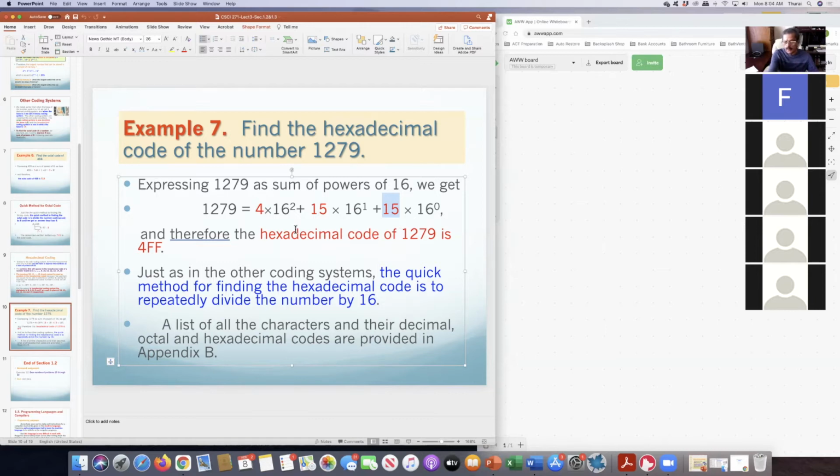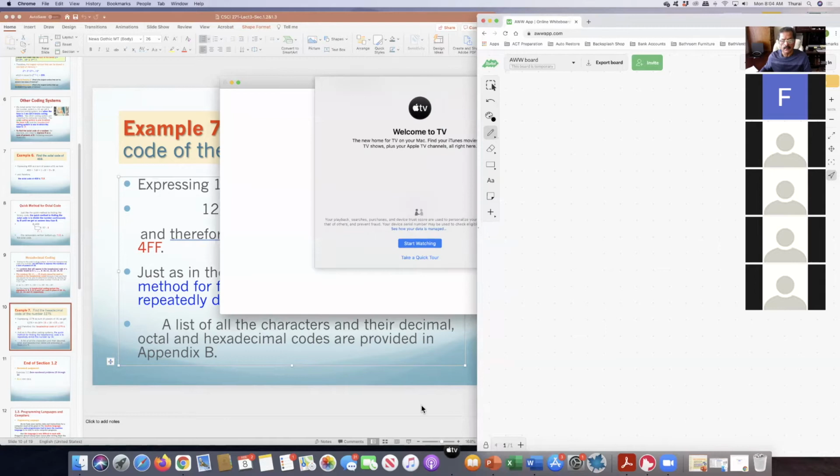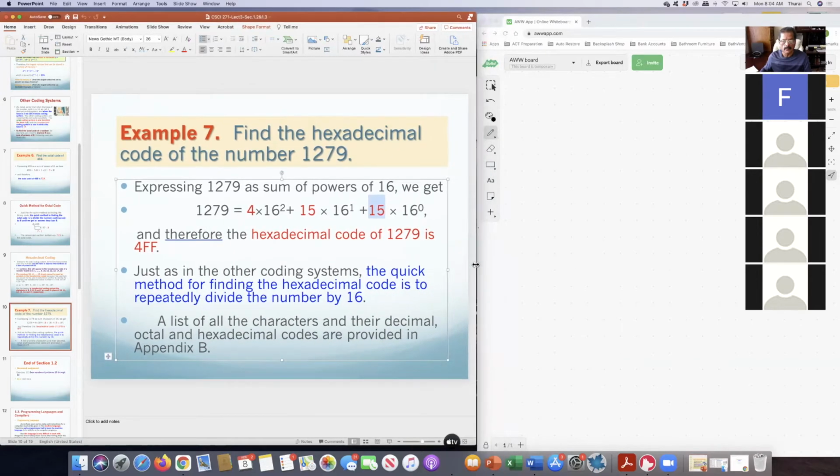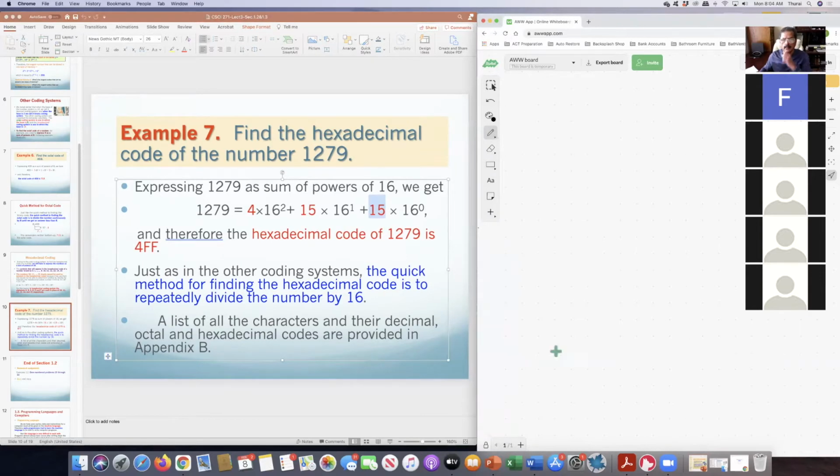But if I write it as 4, 15, 15, like this, I'm using the board now. If I write it as 4, 15, 15, like that, it would look like 41515.